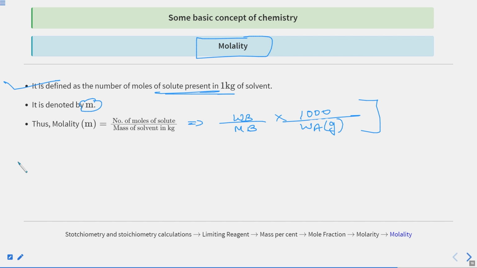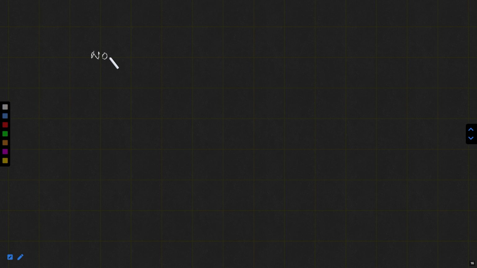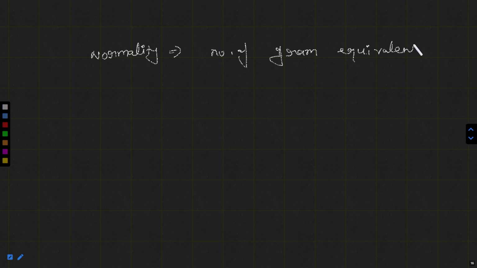Along with this, I want to tell you the formula of normality as well. Normality may be defined as the number of gram equivalents dissolved in 1 liter of solution.